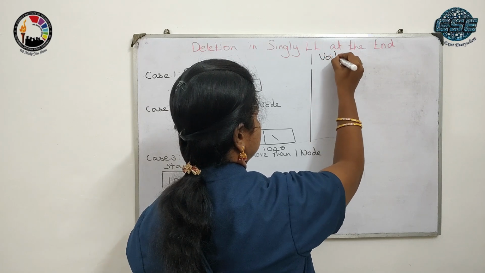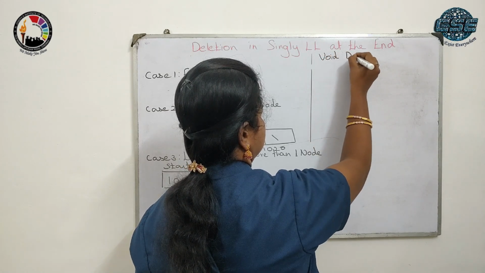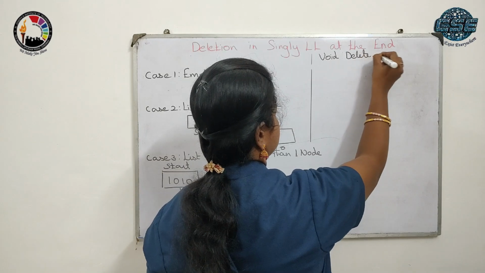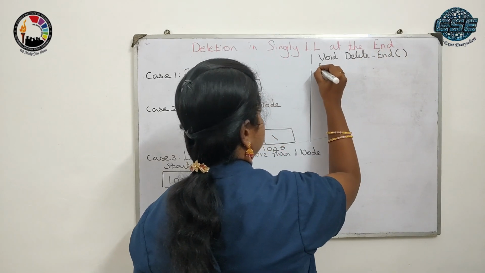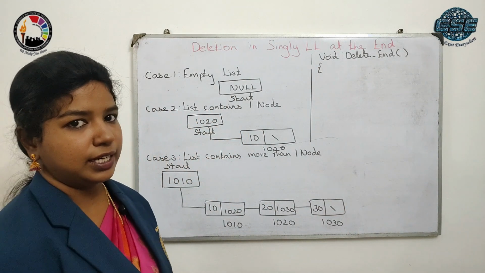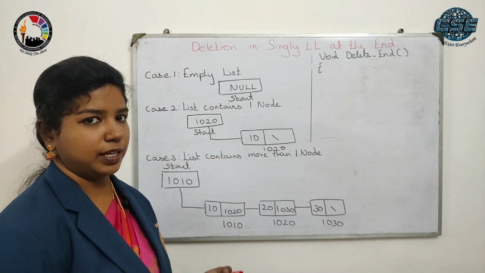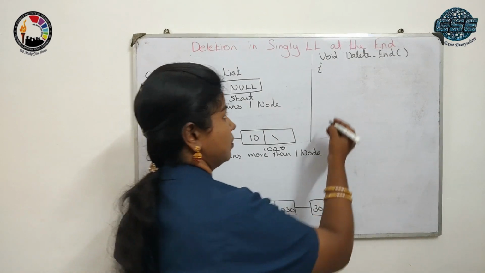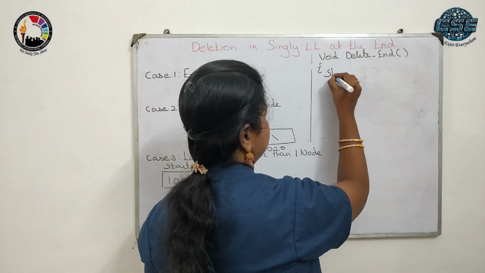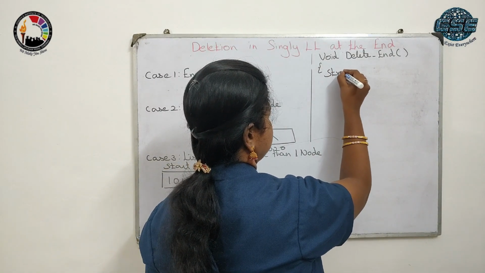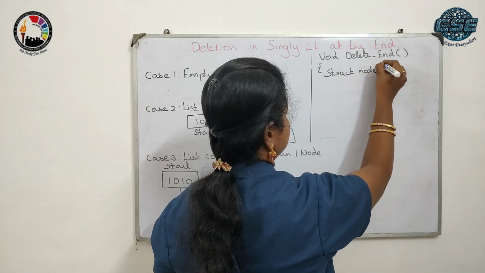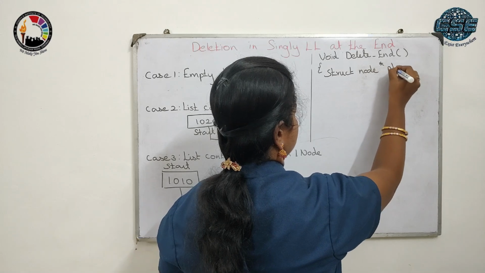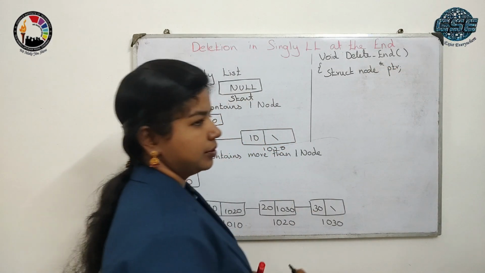So void delete n is the name of my function. So initially, since I have to delete the node, I should have a pointer variable. So using the pointer variable only I can delete. So I am creating a pointer variable for the struct node. So ptr is the pointer variable.